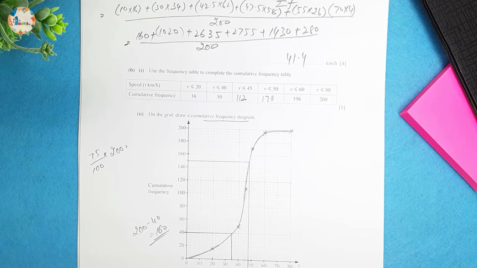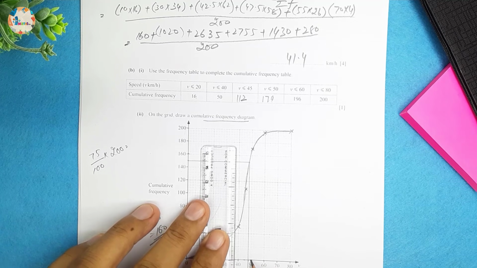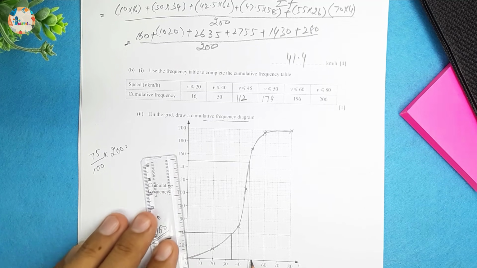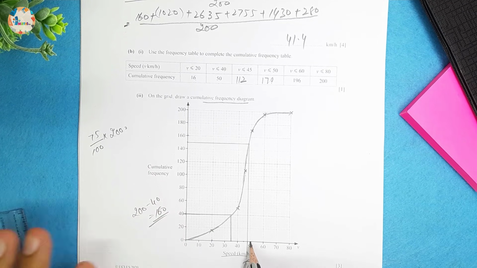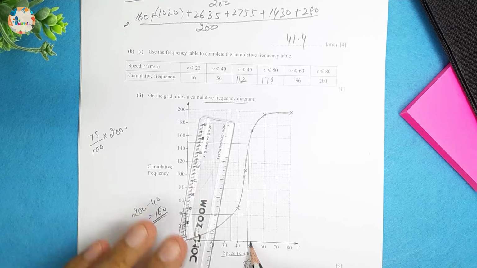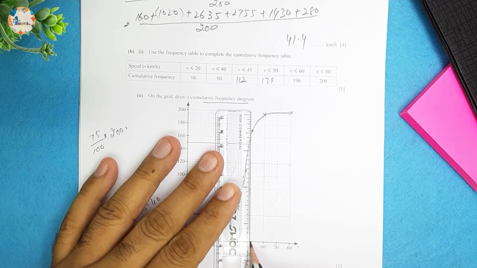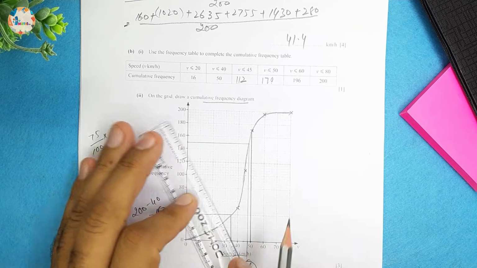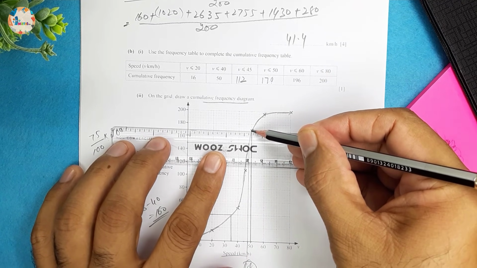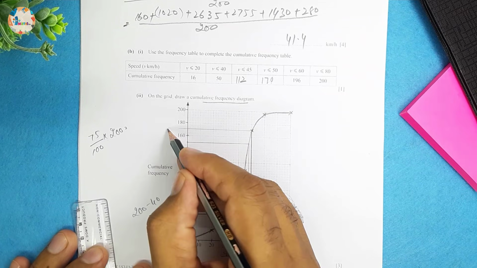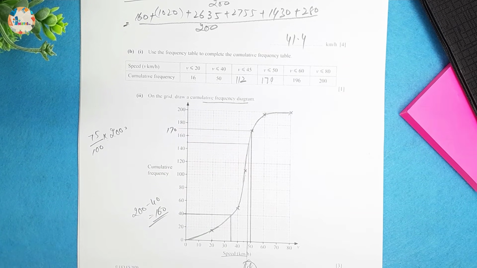We will be checking this reference, 50 kilometer speed. From here I'll move the page a little. So this one is the 50 kilometer reference, and if we draw the line, this will be up to this point, and this will be up to this one, which is 170 basically.